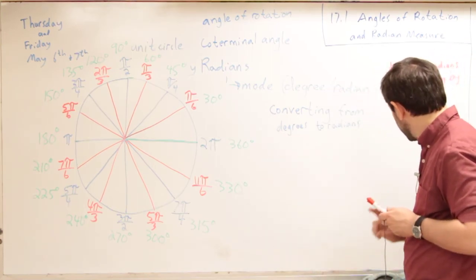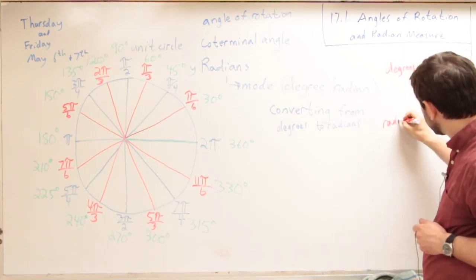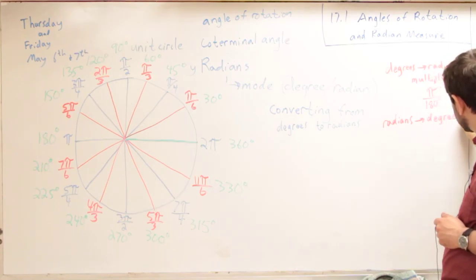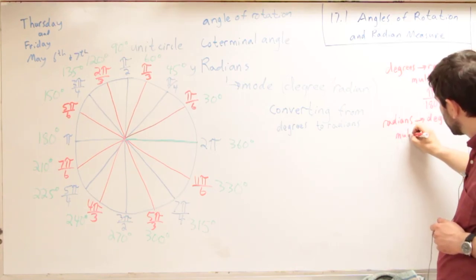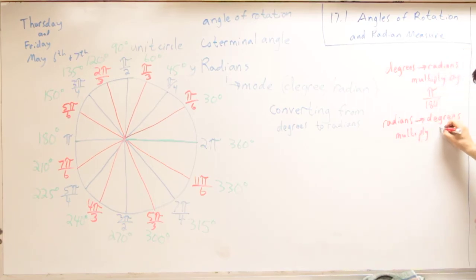Okay, so the way we go from radians to degrees, multiply by the reciprocal of this: 180 degrees over pi. There's pi radians in 180 degrees.